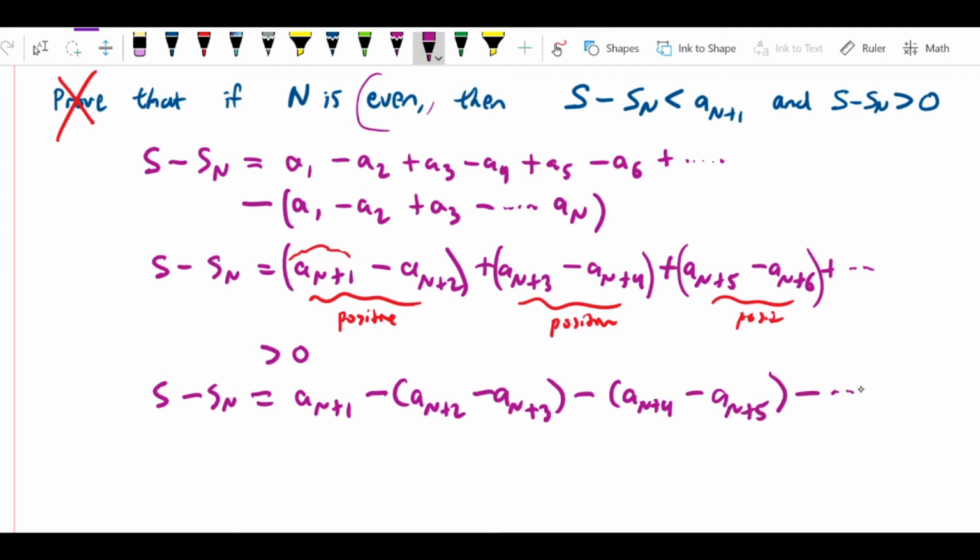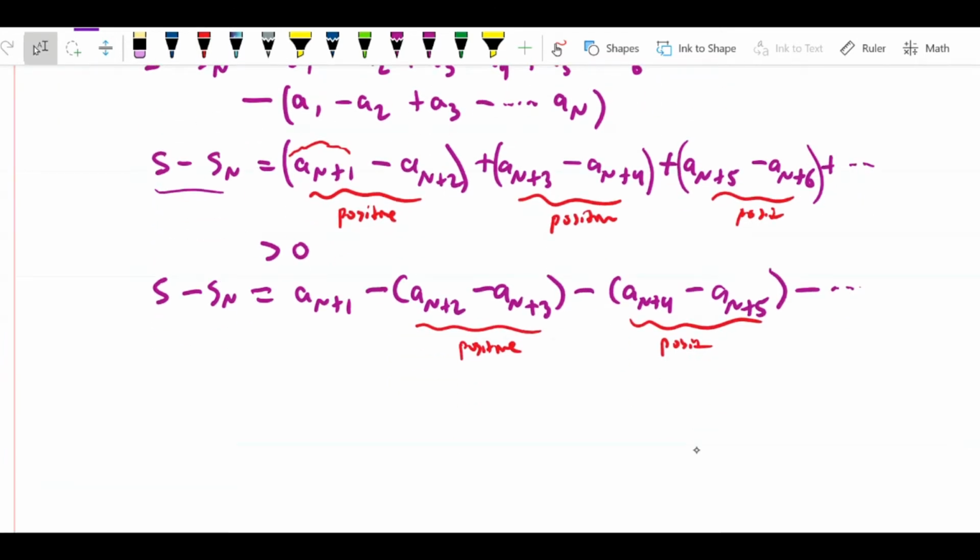Even though in the original writing of this, a(n+3) had a plus sign in front of it, once again I have to use the distributive property, so that's going to be minus negative a(n+3) in order to equal the same thing that I wrote up here. And still, what we get is a bunch of positive terms. So this is positive and positive, and therefore this number is going to be less than a(n+1).